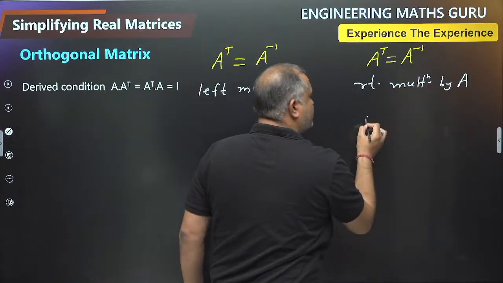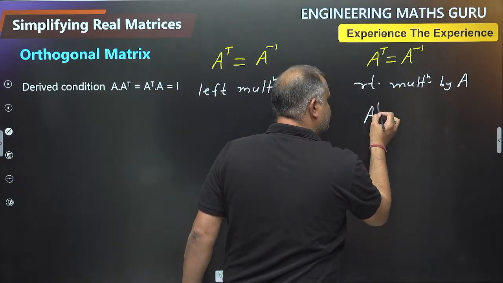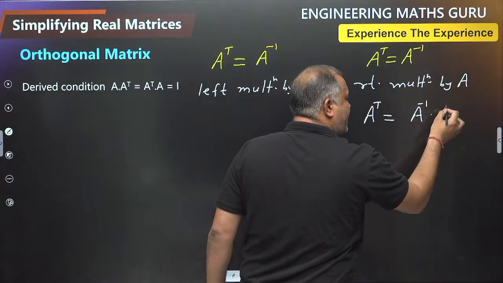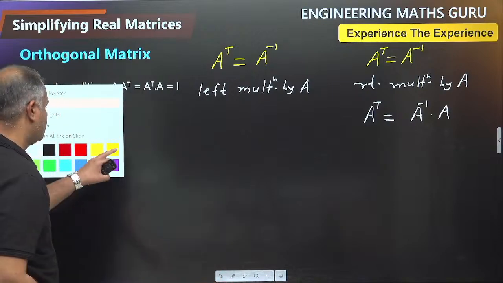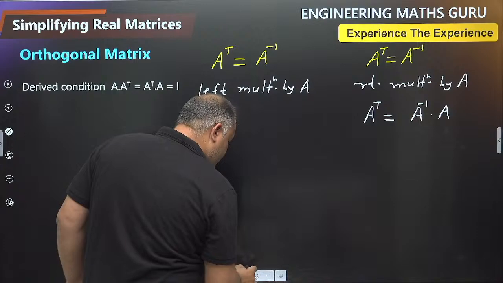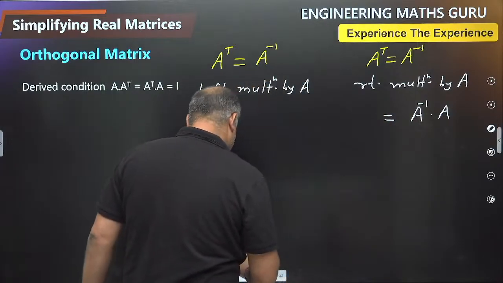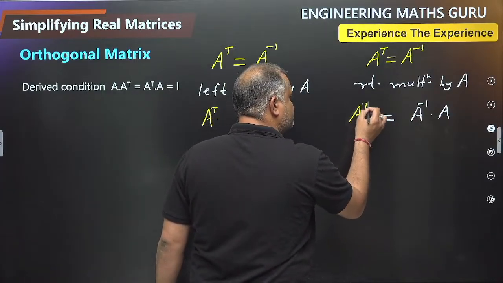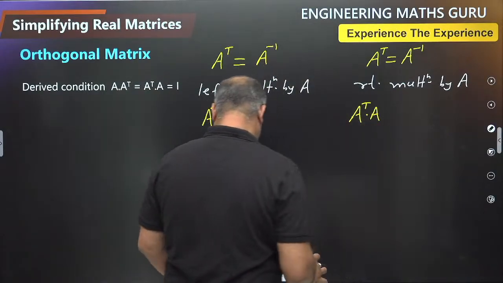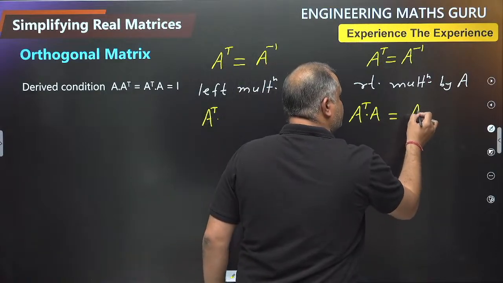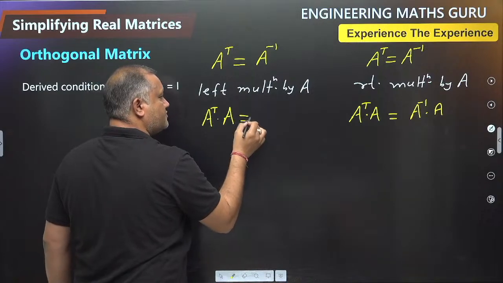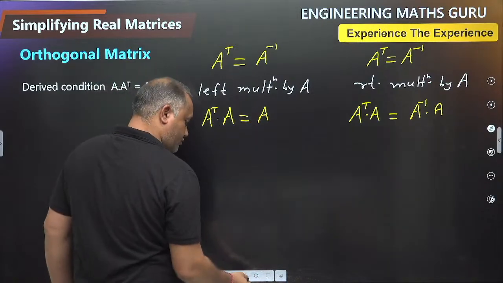So all my dear students, A transpose as it is, A inverse is getting multiplied by A from the right side. Here you are multiplying A transpose by A from the right side. So A transpose into A, A inverse into A. Here A transpose into A, what are you doing here?